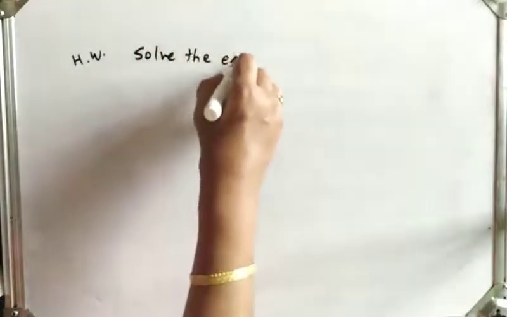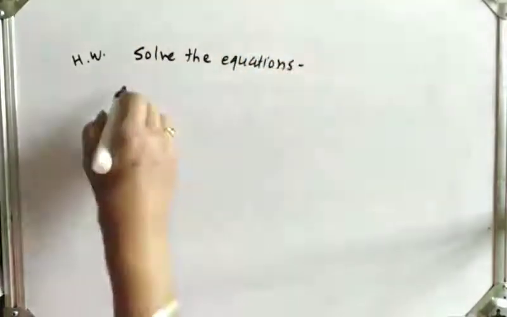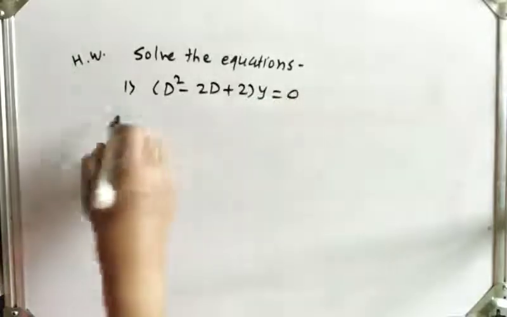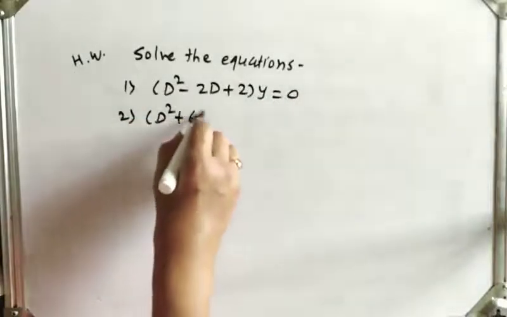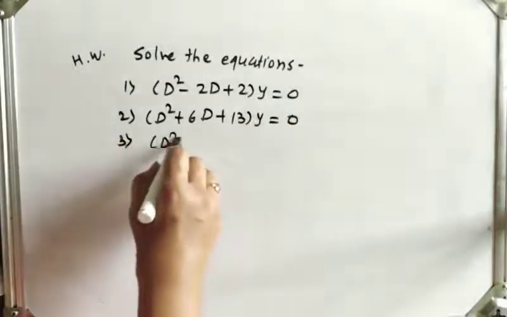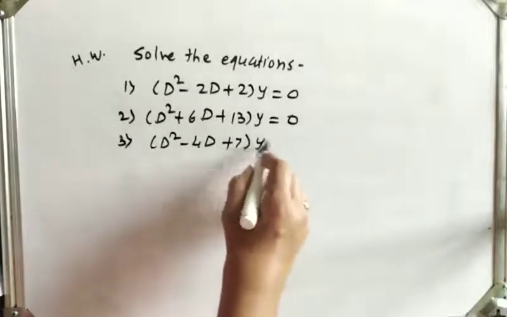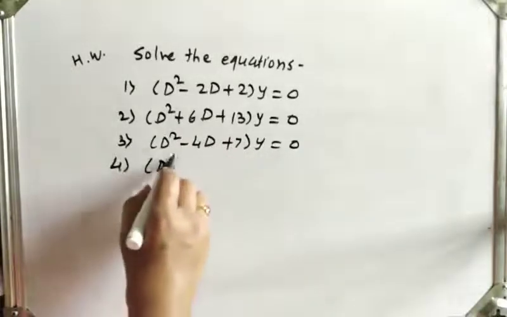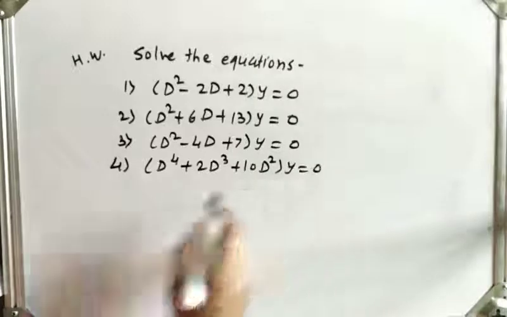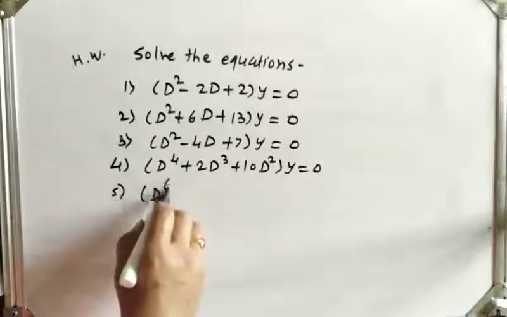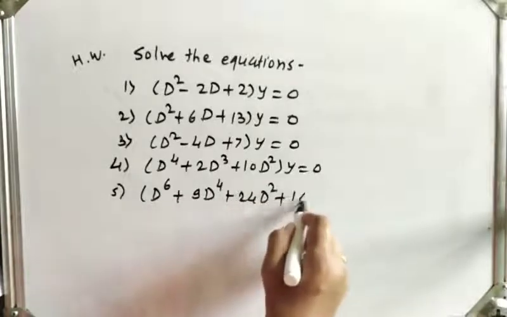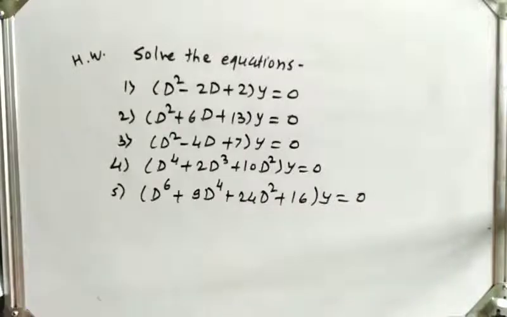Solve the equations: 1, (d square minus 2d plus 2) into y is equal to 0; (d square plus 6d plus 13) into y is equal to 0; (d square minus 4d plus 7) into y is equal to 0; (d raised to 4 plus 2d cube plus 10d square) into y is equal to 0; and fifth, (d raised to 6 plus 9d raised to 4 plus 24d square plus 16) into y is equal to 0.